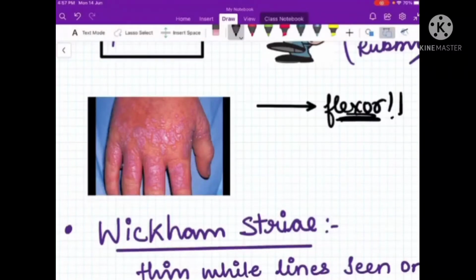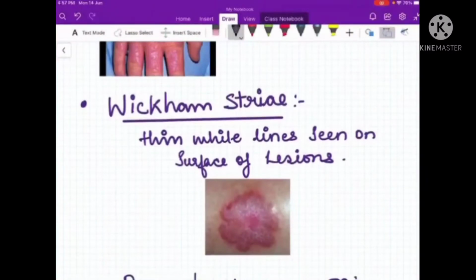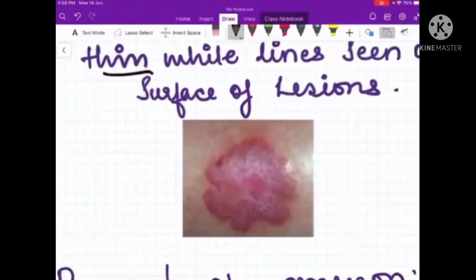There are 2 characteristic features seen in some of the lesions. These are called Wickham striae. These are nothing but thin white lines seen on the surface of the lesions. We can see these white lines in this picture.